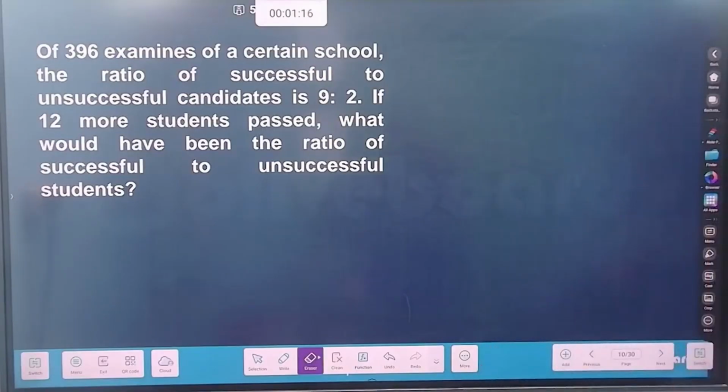I've given the timer. Of 396 examinees of a certain school, the ratio of successful to unsuccessful candidates is 9 is to 2.